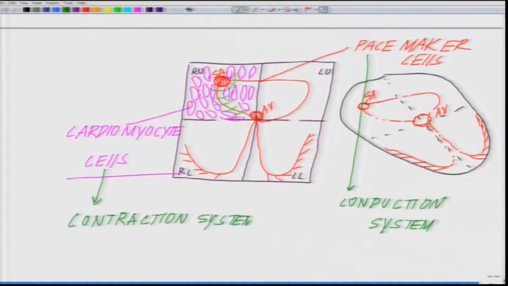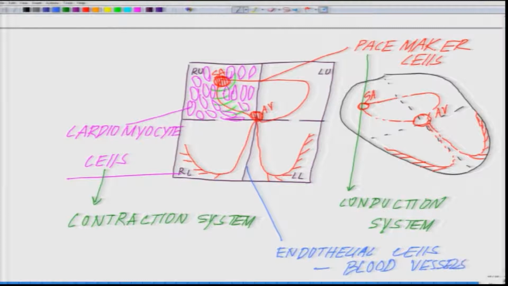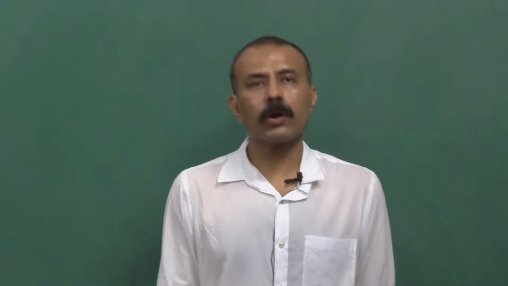Apart from it, you have 2 other important things, which are forming endothelial cells, forming the blood vessels. You remember that when we talked about superior vena cava, inferior vena cava, aorta, these are all blood vessels.